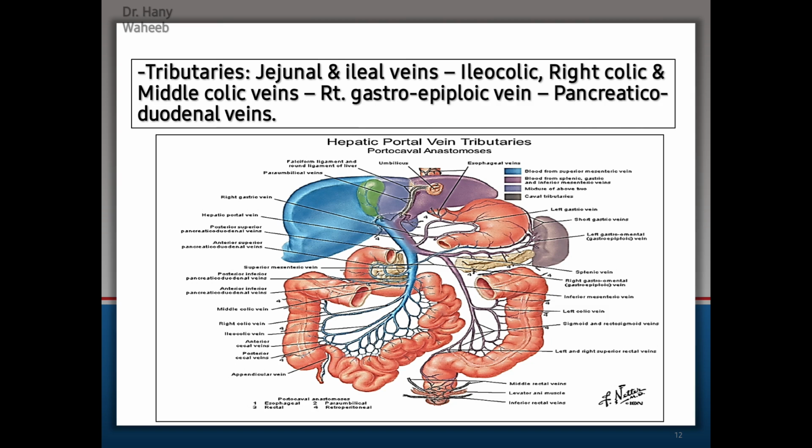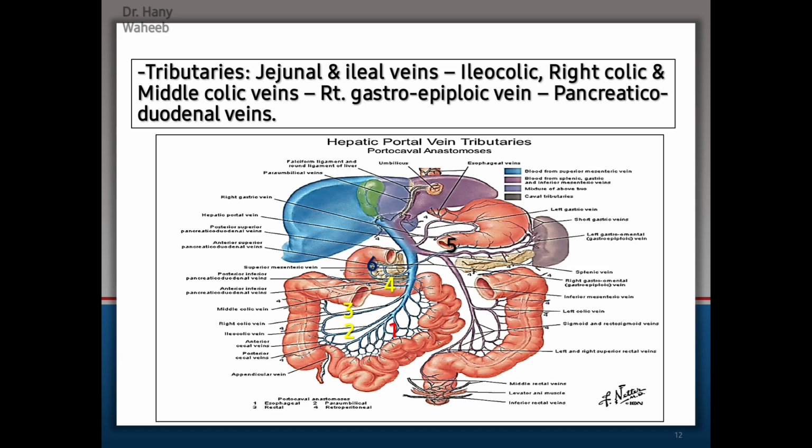Tributaries of the superior mesenteric vein are the veins which drain derivatives of the midgut. So it receives the jejunal and ileal veins to its convex side from the small intestine, jejunum and ileum. It receives three colic veins from the colon: ileocolic, right colic, and the middle colic veins.